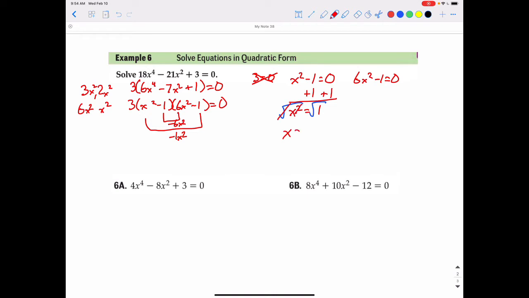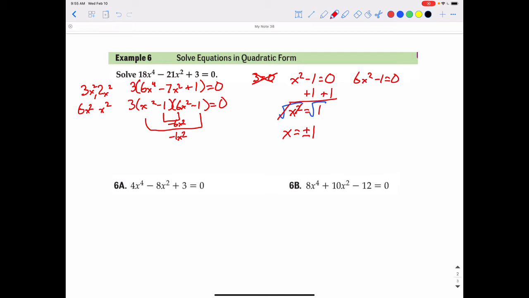As soon as you square root in an equation, that's where you have to include plus or minus, because there are 2 solutions for the square root of 1. There's positive 1, because 1 times 1 is 1. But there's also negative 1, because negative 1 times negative 1 also equals 1. So that half of this problem has 2 solutions, positive 1 and negative 1.